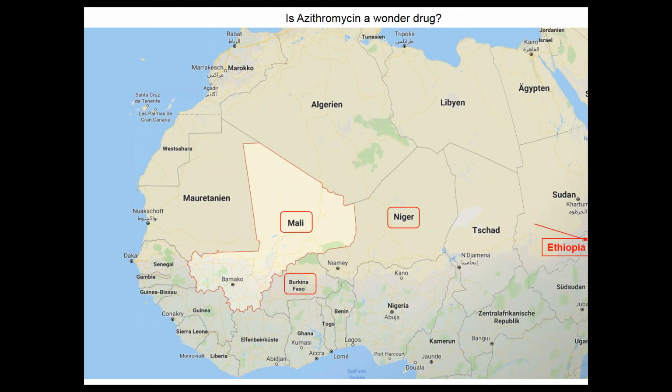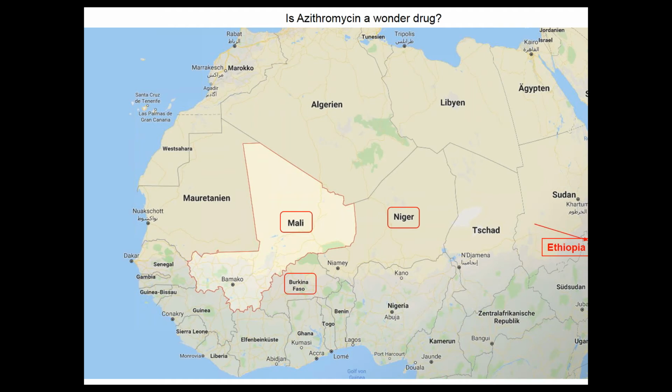And to the surprise of the investigators, the survival of children in the azithromycin group was 100% greater compared to the children that got placebo, although trachoma isn't lethal, so that could not have been the effect.